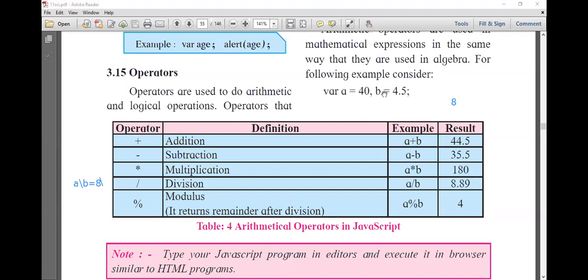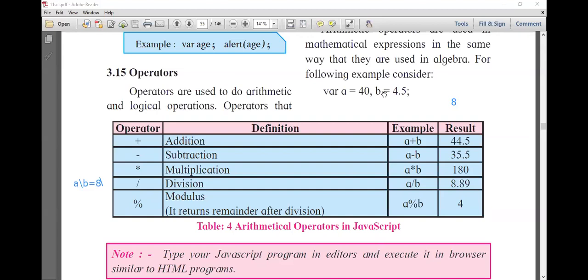Because when you divide 40 by 4, the remainder will become 0. 40 minus 40 becomes 0. So if you divide 40 by 4, the remainder is 0, so the answer is 0.